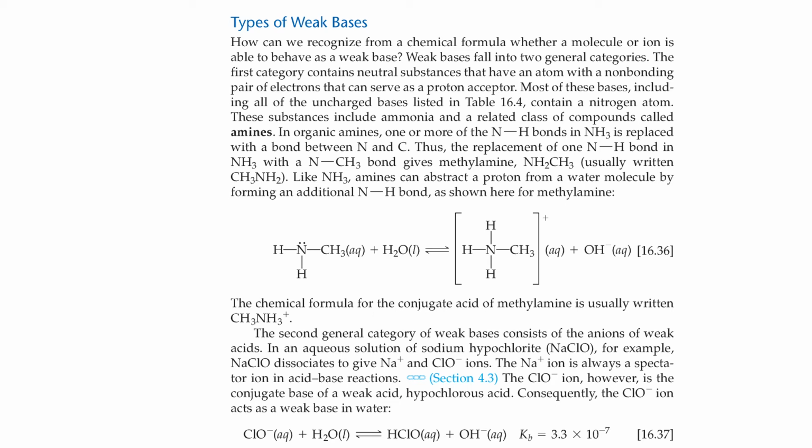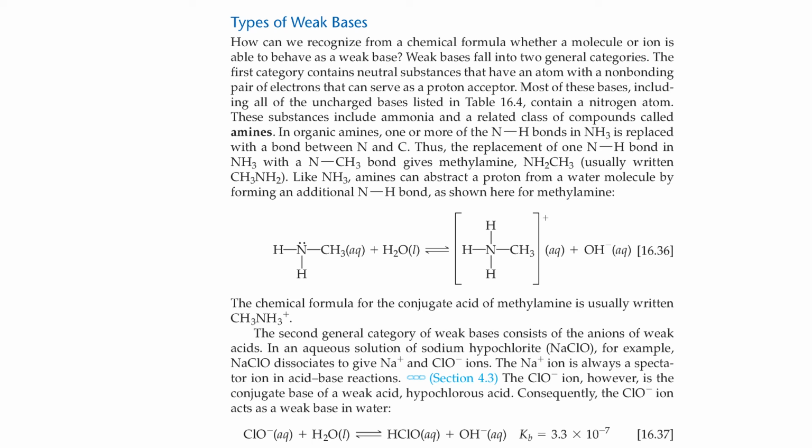Like ammonia, amines can abstract a proton from a water molecule by forming an additional nitrogen-hydrogen bond, as shown here for methylamine. The chemical formula for the conjugate acid of methylamine is usually written CH3NH3+.